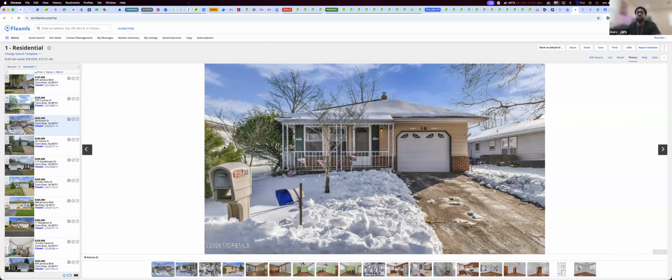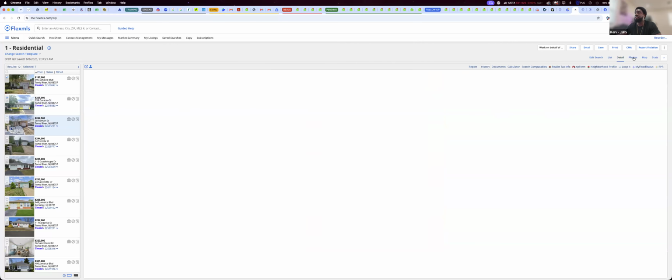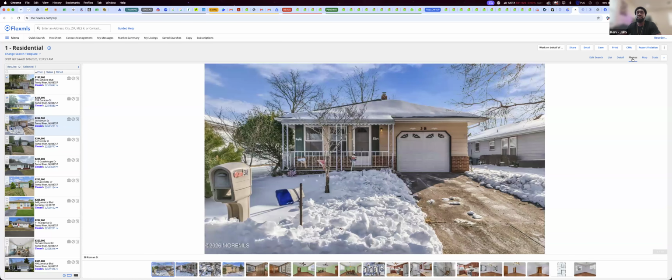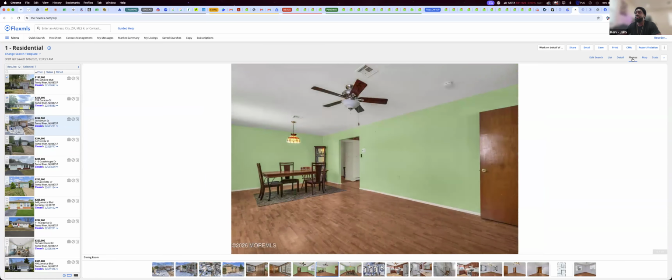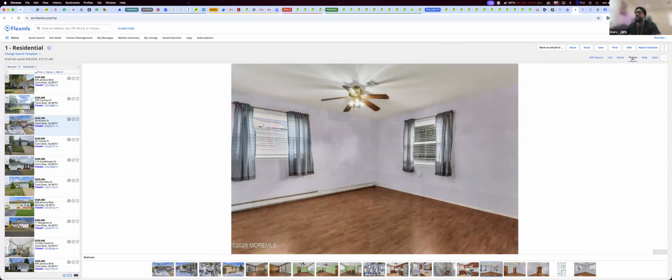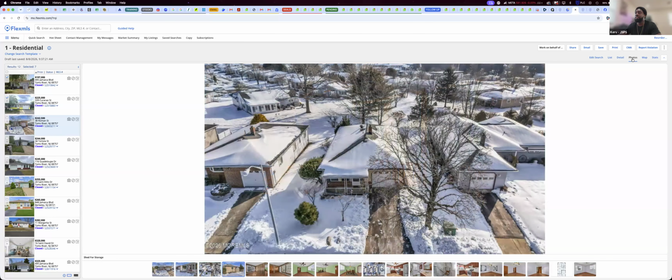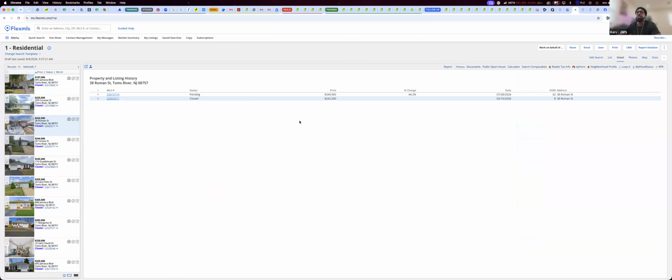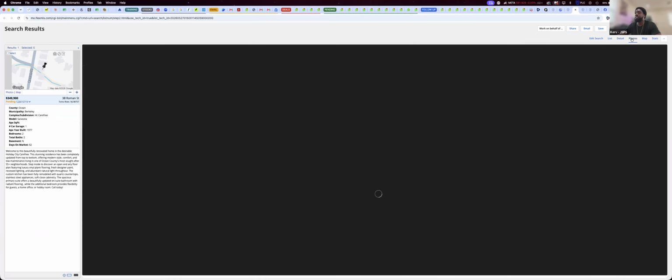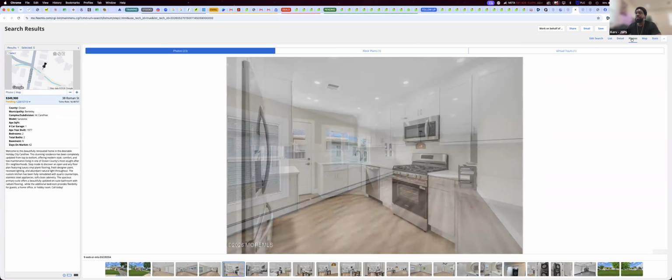Now, the third cash sale, let's see how this looks. Clean but dated. Okay, so you've got another clean but dated house. It looks like they bought this for 242.5, and now they're currently under contract for 349.9. I just want to see what the after product looks like.